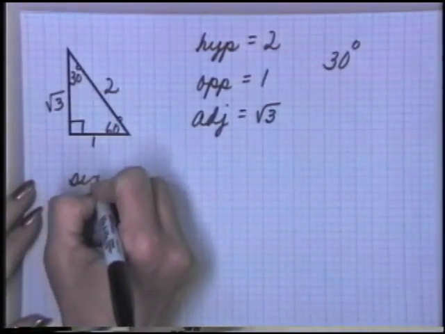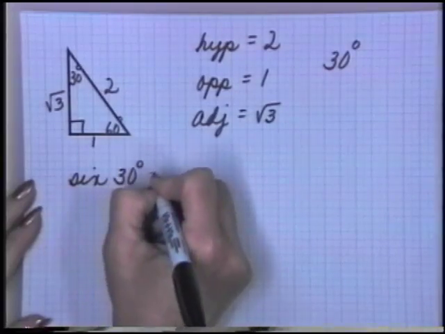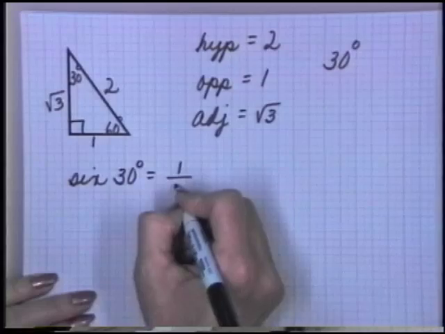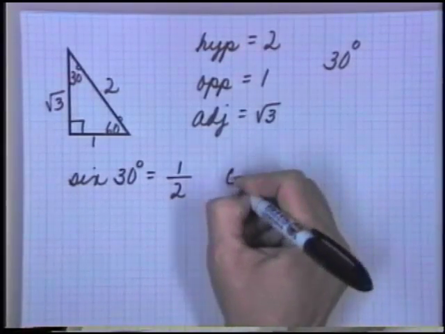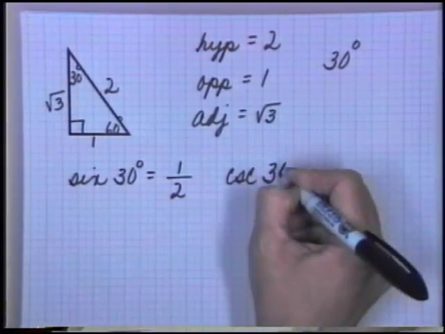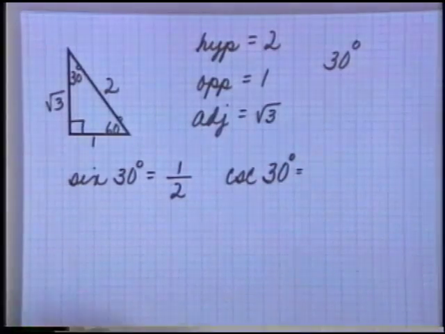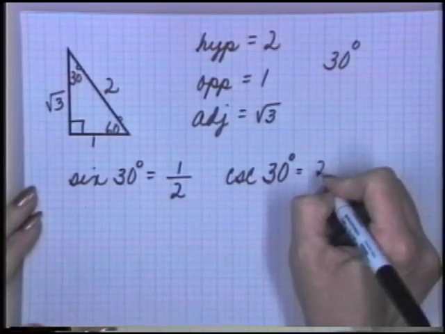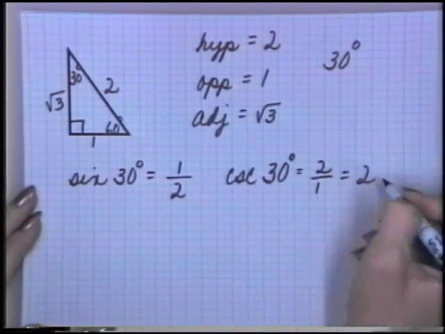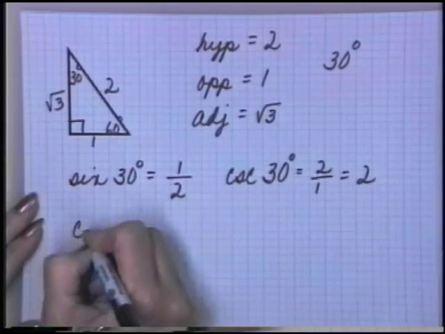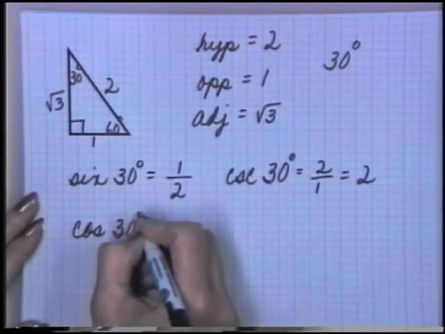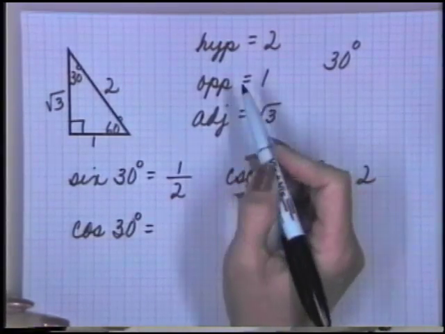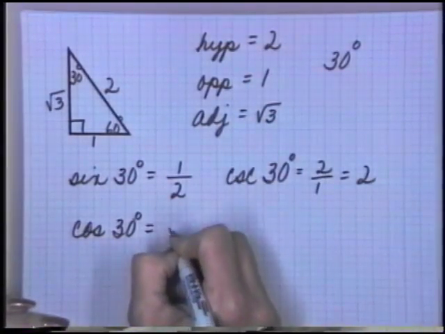So when we find the sine of 30 degrees, we define it as opposite over hypotenuse. It would equal 1/2. And let's go ahead and define its reciprocal. The cosecant of 30 degrees would equal 2 divided by 1, which of course is just 2. When we find the cosine of 30 degrees, it equals the adjacent leg divided by the hypotenuse.